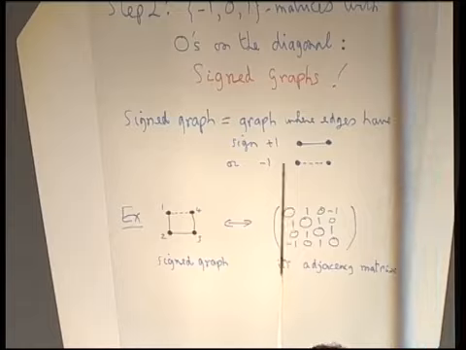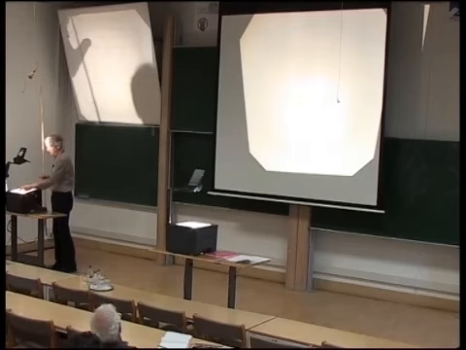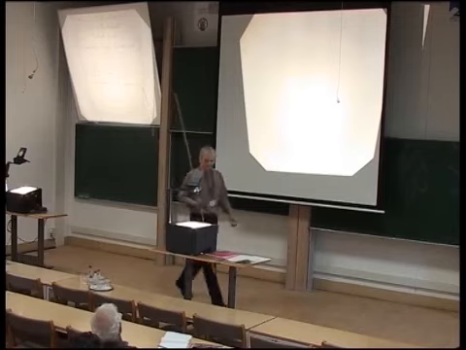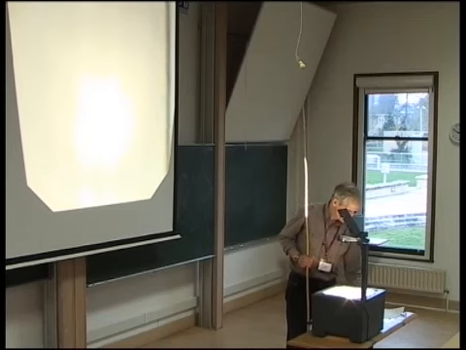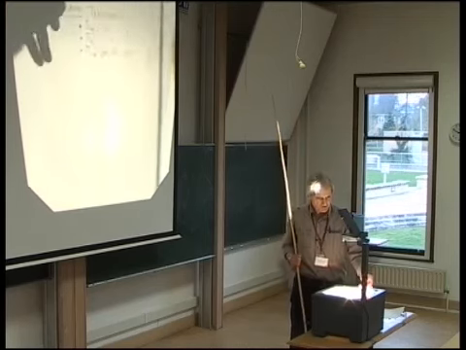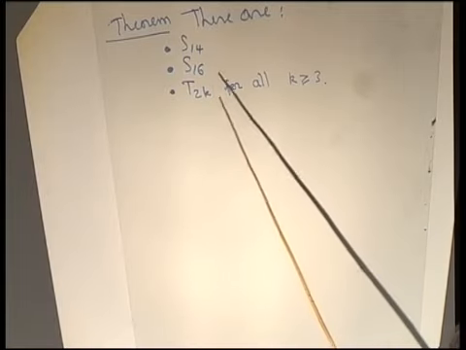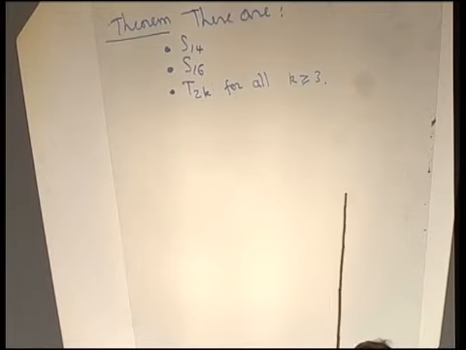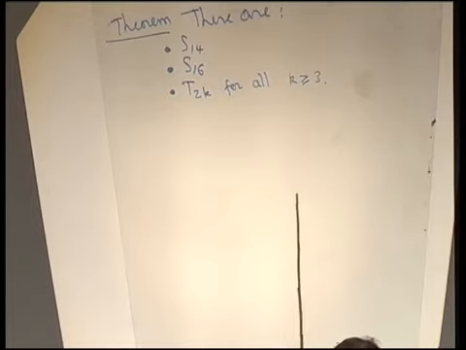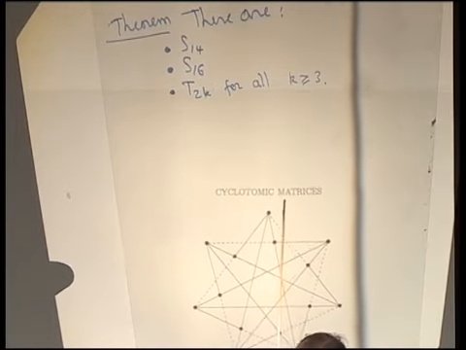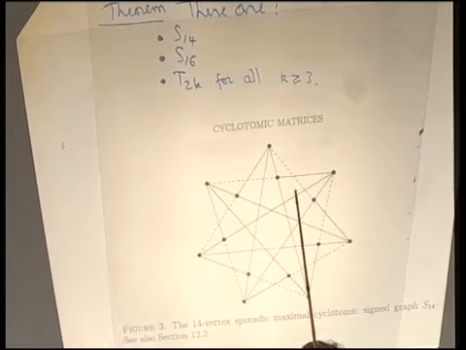Okay. So, what graphs do we get? We get two sporadic examples and a family. And the sporadic examples look like this. Here's the 14 vertex one, like so.